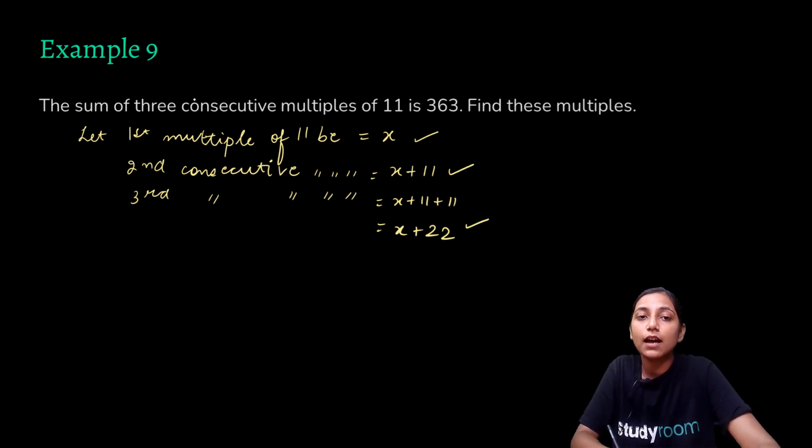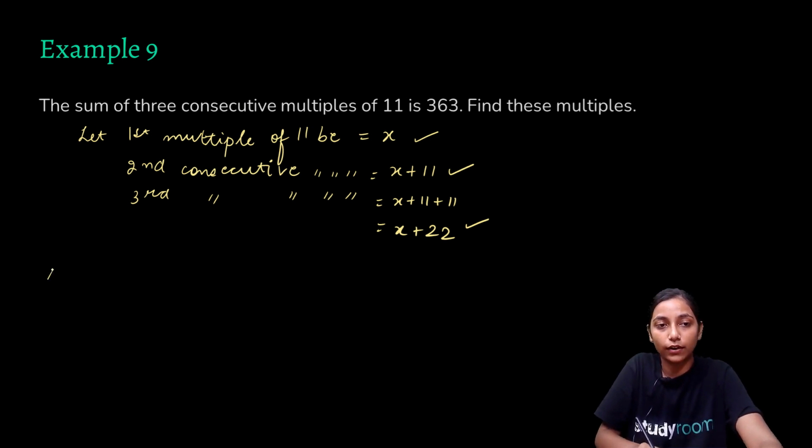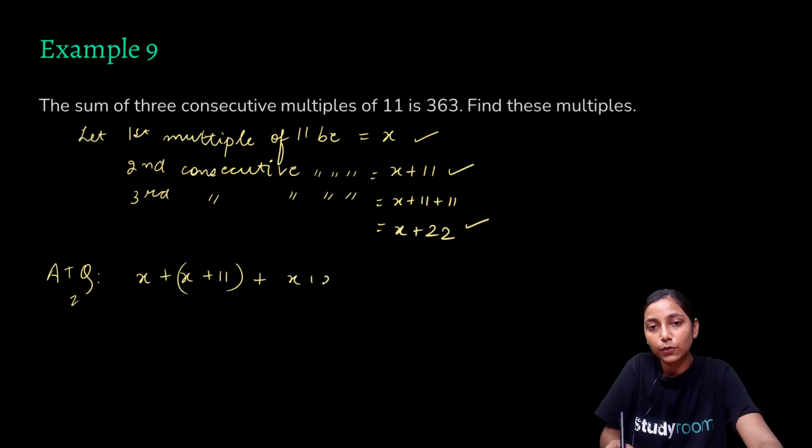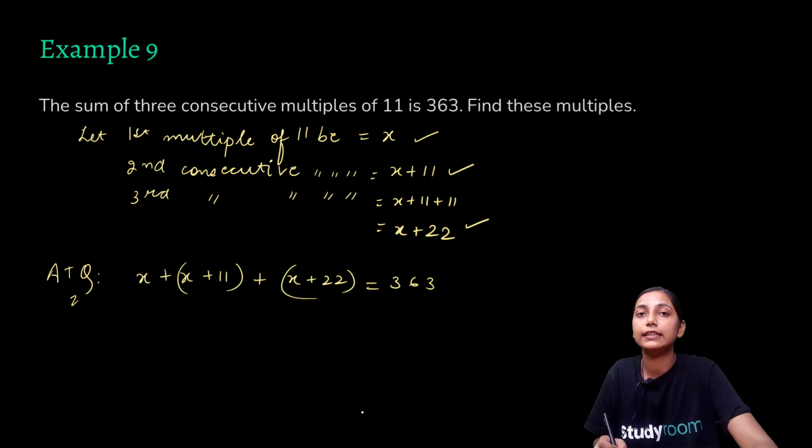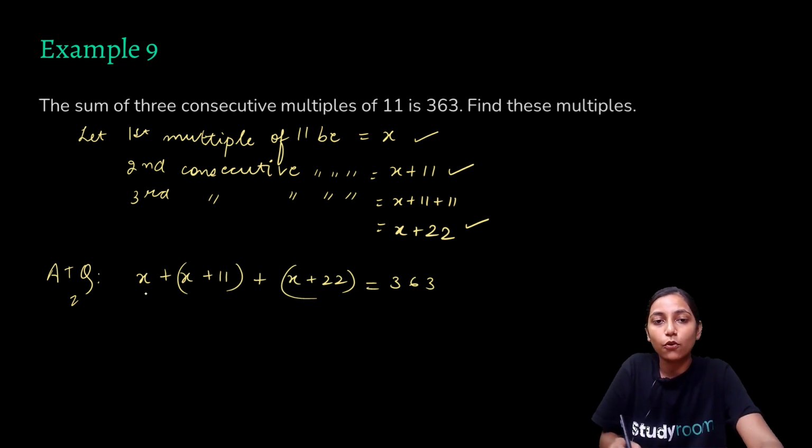Now it's written that the sum of these consecutive multiples is 363. That is, according to the question, x plus x plus 11 plus x plus 22 is given to be 363. We need to find these multiples. So how will we solve? When we are adding these, we are getting 3x plus 33 equals 363.